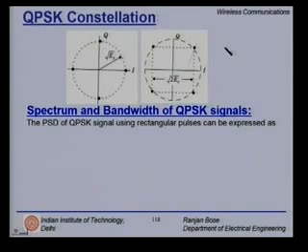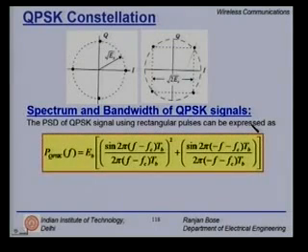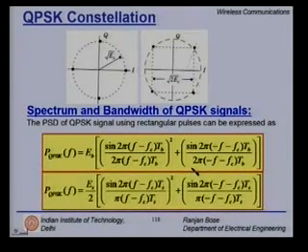Let us talk about the spectrum of QPSK signal. The power spectral density of QPSK signal using rectangular pulses can be expressed as follows. It looks very similar to that of the BPSK, except the nulls have shifted. This is in terms of Eb, here it is in terms of Es by 2.